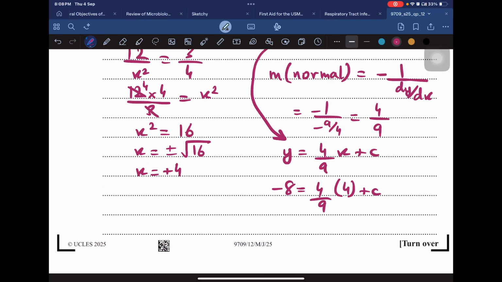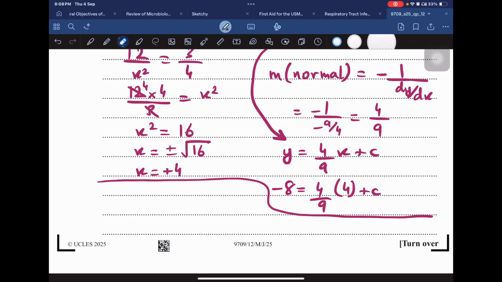So let's try to fit it in over here. If I shift this to the left side, I'll have negative 8 minus 16 upon 9 equals c. So 9 as the denominator. 8 times 9 will be 72, so negative 72 minus 16 equals c.